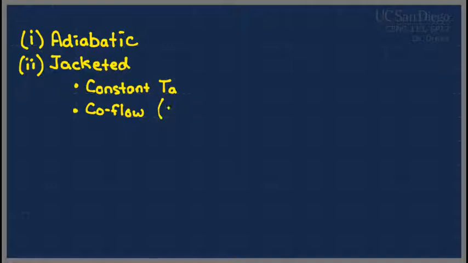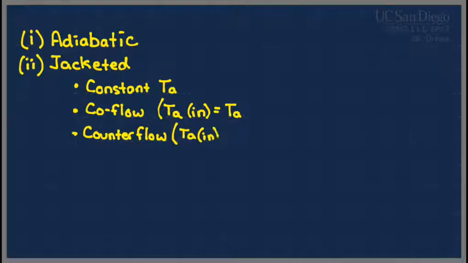If it's coflow, the Ta coming in is still going to be equal to the same old Ta. And then the other one is a counterflow. And again, that one has the same requirement, which is whatever the Ta in is the same Ta that we would deal with for the constant jacketed temperature.